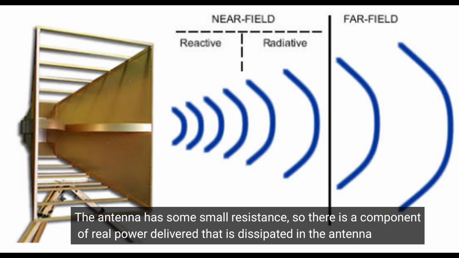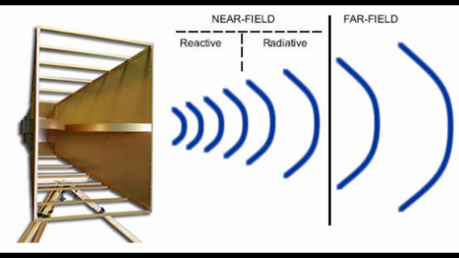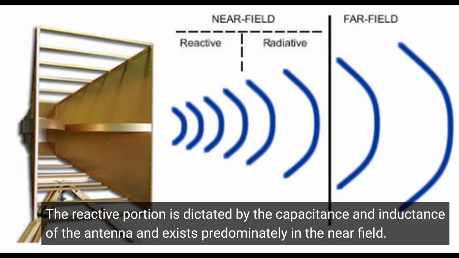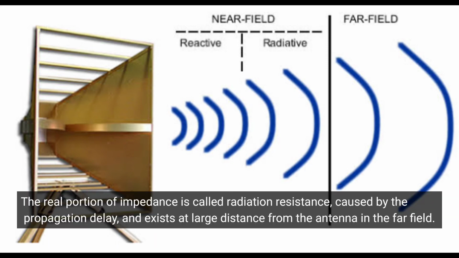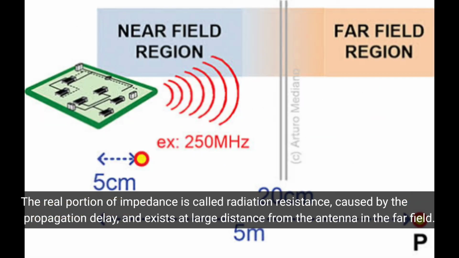As an antenna has some small resistance, there is a component of real power delivered that is dissipated in the antenna. The reactive portion of impedance exists predominantly in the near field. The real portion of impedance is called radiation resistance. It exists at a large distance from the antenna in the far field.